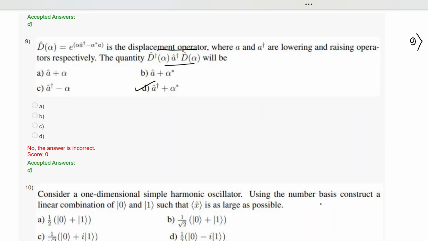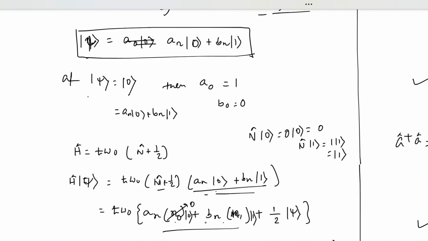So first you can express x cap in terms of the number basis vectors, right? And maybe from there you can get to the solution. So basically how you can implement the number basis vectors in this case, x cap is as large as possible, but this is x cap expectation value, that you also have to note.